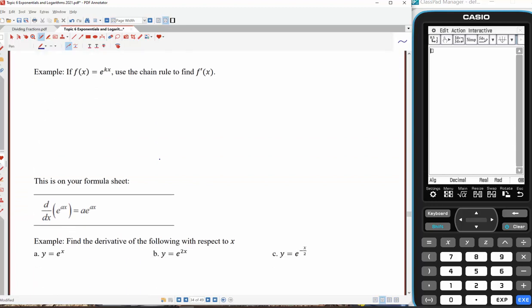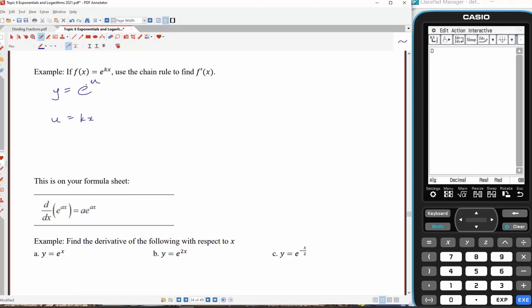So, our first one, if f of x equals e to the kx, use the chain rule to find f dash. Okay, so we'll go y equals e to the kx, so y equals e to the u, where u is equal to kx.